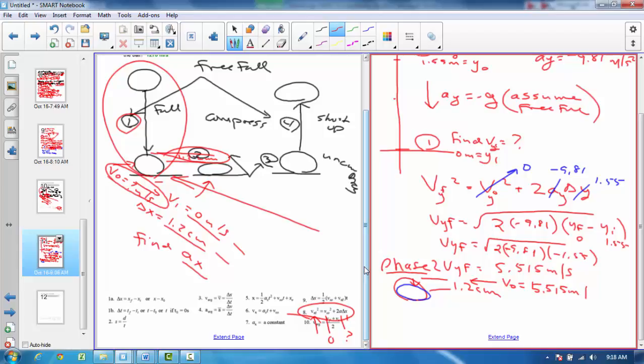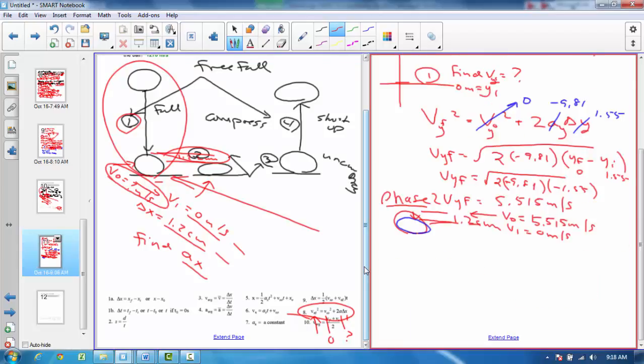And our final velocity when we reach this height is going to be 0 meters per second. So this is how fast it's going to decelerate over this 1.2 centimeters, so our delta y is 0.012 meters.